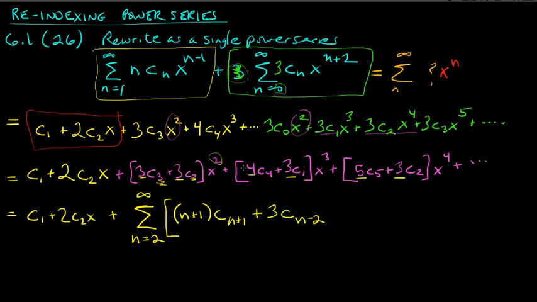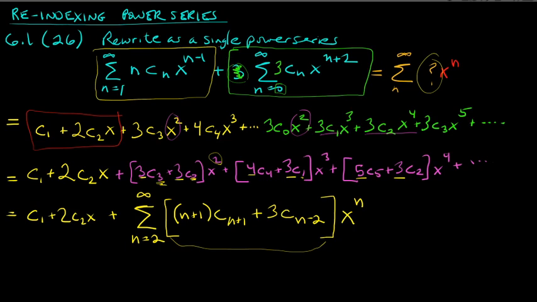You subtract 2, right? 2 minus 2 is 0. And so for n equals 3, you're going to get 3 minus 2 is 1, and so on. So these are the constants, and then you just multiply by x to the n. This whole thing is the constant times x to the n.